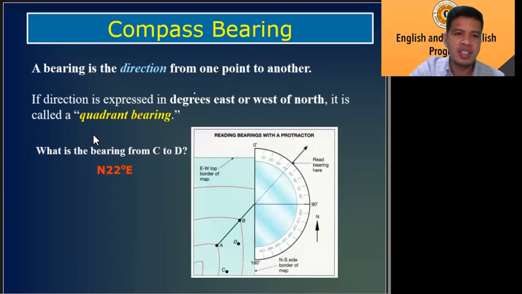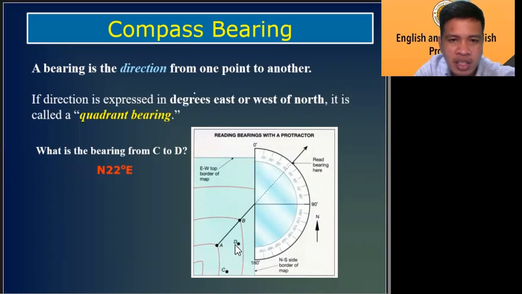If the direction is expressed in degrees, east or west of north, it is called a quadrant bearing, and you can use a protractor to determine that. For example, in here, what is the bearing from C to D?